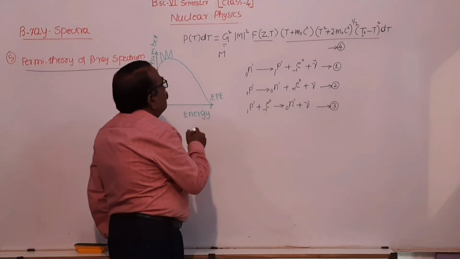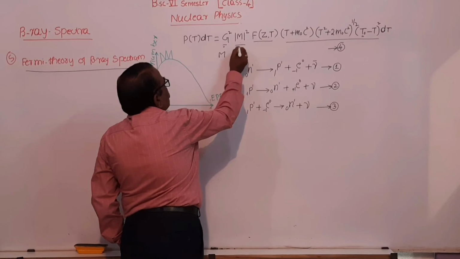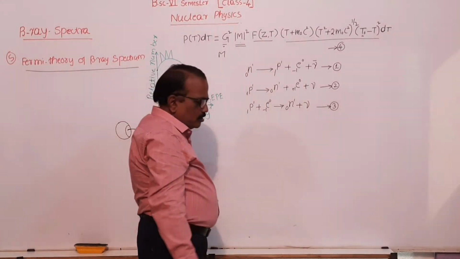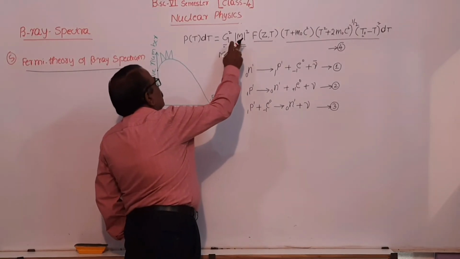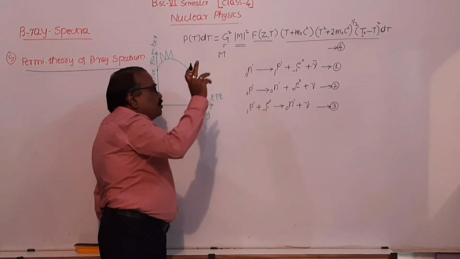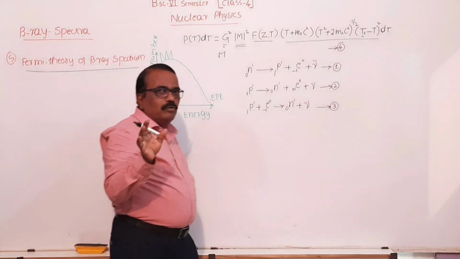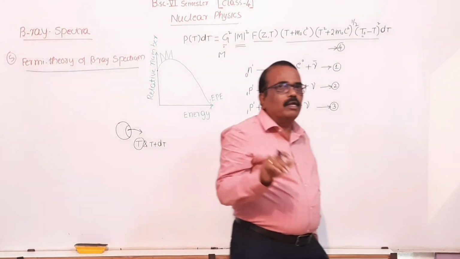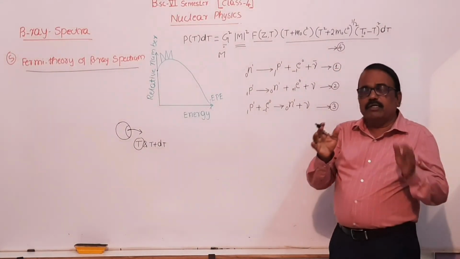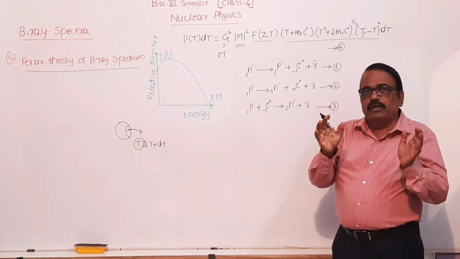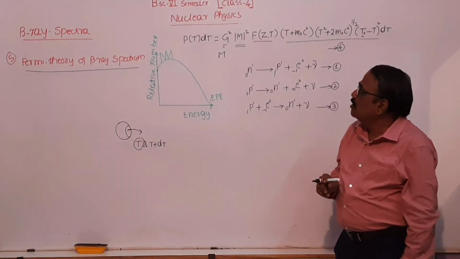See here, this is the square of the absolute magnitude of a wave mechanical quantity. It gives the probability that the nucleus of the radioactive element undergoes beta transformation.